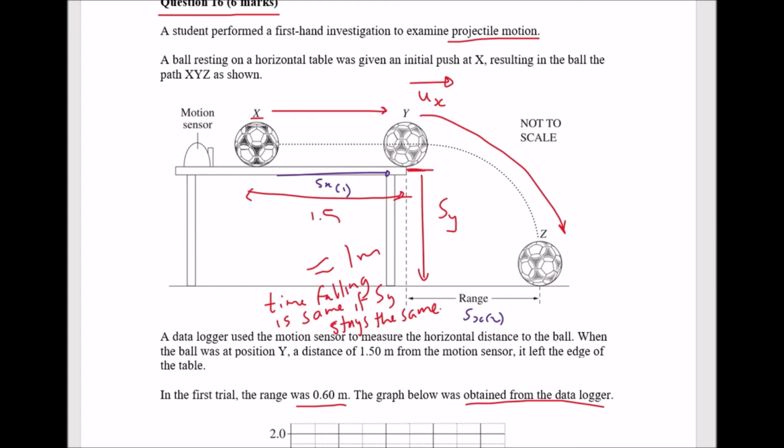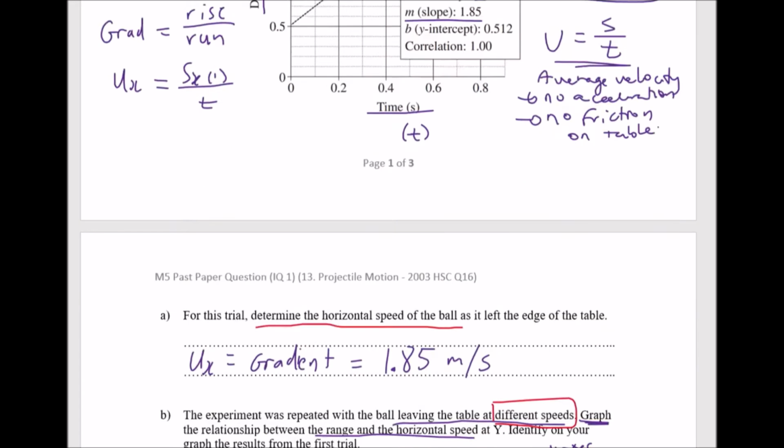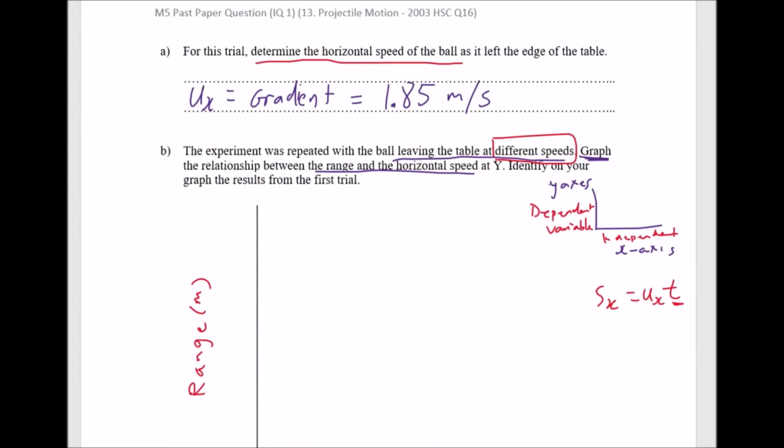Okay, so that's what we know. So if I know that time is going to be constant, then I can show you a nice little thing. Let's assume that because time is constant, it's equal to a value of 1. So that means Sx is directly proportional to ux. So if ux increases, Sx will increase with it because t is constant.